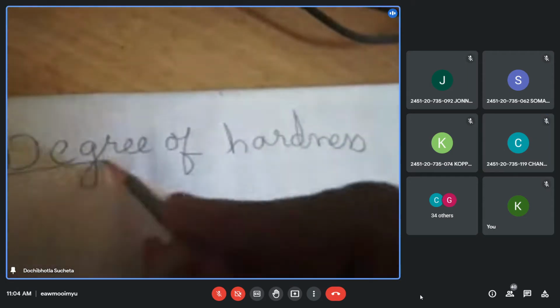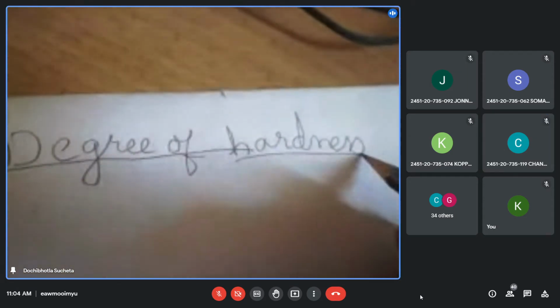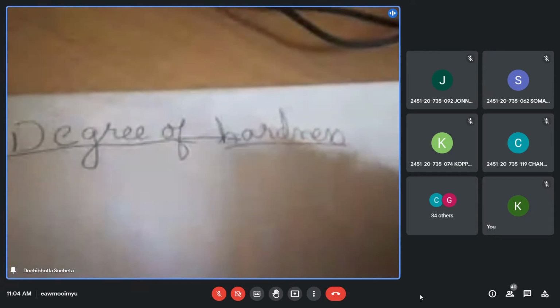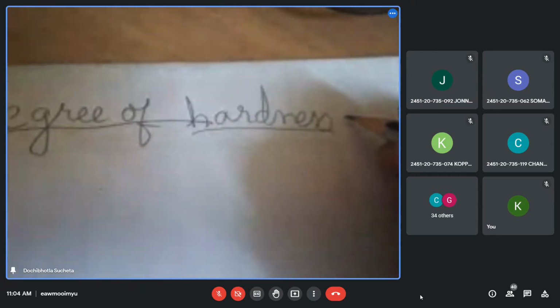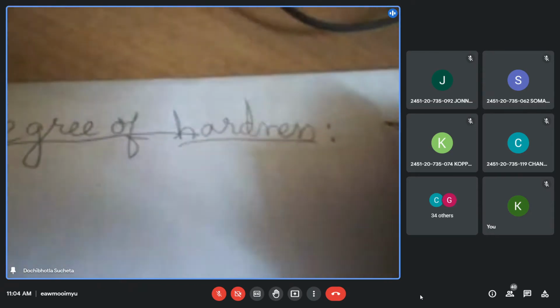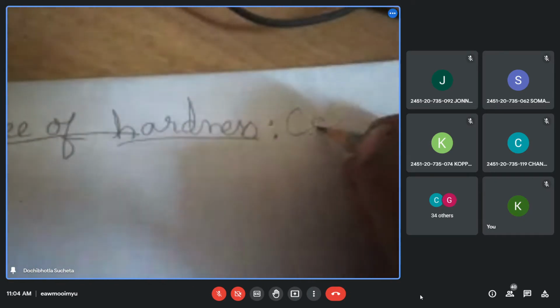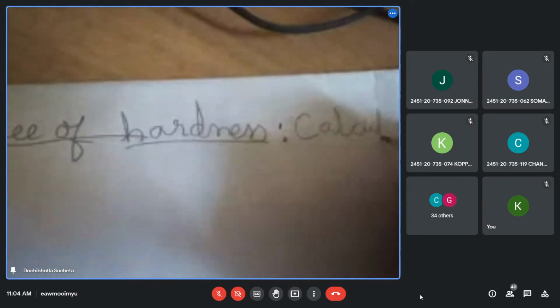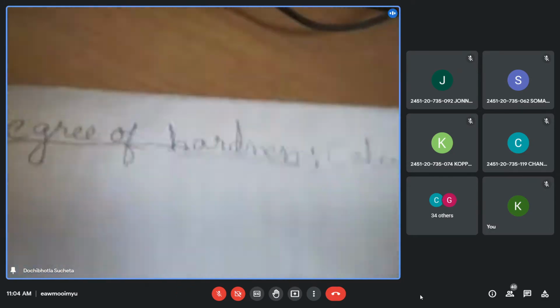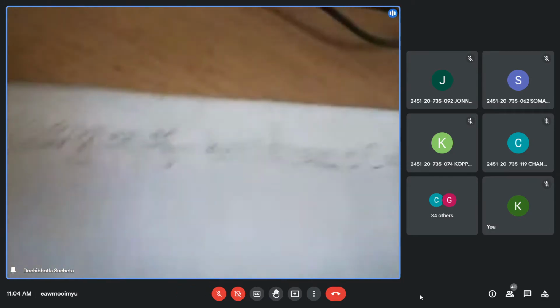Degree of hardness is the heading. First write this, then you will understand what I'm trying to tell. Then put a column like this and write calculation. This is very, very important. We will be doing numericals on this right now.